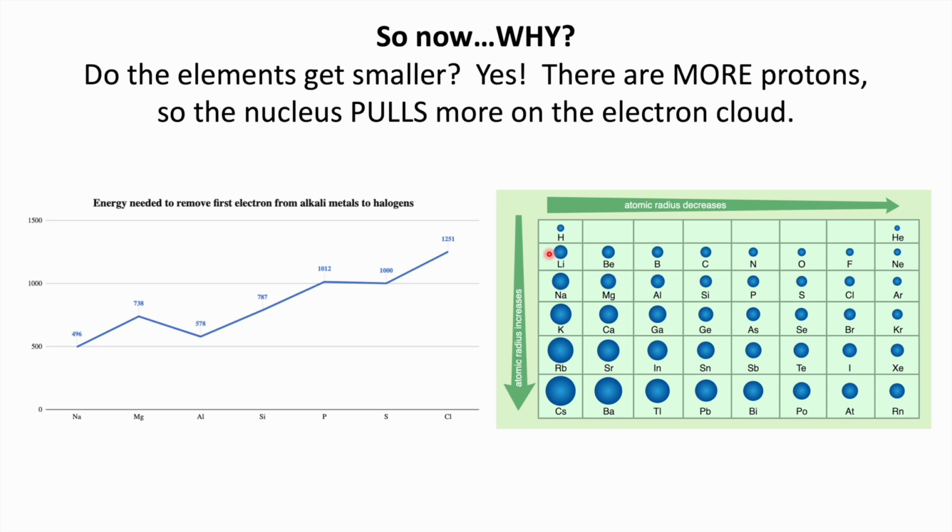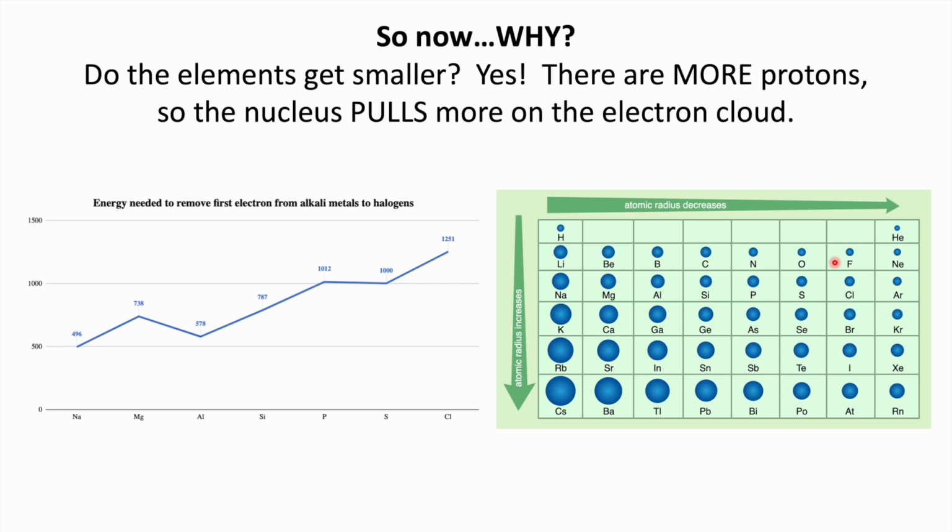We know that they grow as we go down the table because they get more and more rings, just like those Bohr models show, more and more energy levels. But why do they shrink as we go across the table? And because of that shrinking, why is it more difficult to remove electrons? Why does their electronegativity and ionization energy go up from lithium to fluorine?